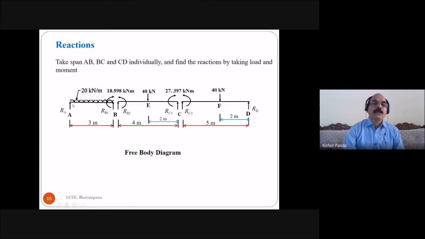Then what is the shear force at A? The shear force just left side of B, then this load, the UDL, is a downward force, so you have to take this as positive: 20 into 3, the total UDL.